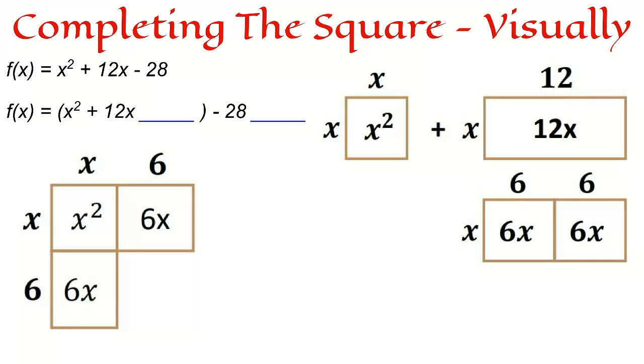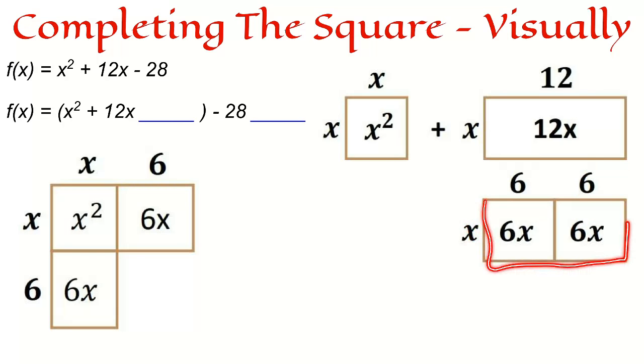But in order to do what we need to do, we are going to split this 12x into two parts. So here's our x, that's just like that. But that 12, we divide it by 2 to get 6 and 6 plus 6. And then x times 6 is 6x. x times 6 is 6x.